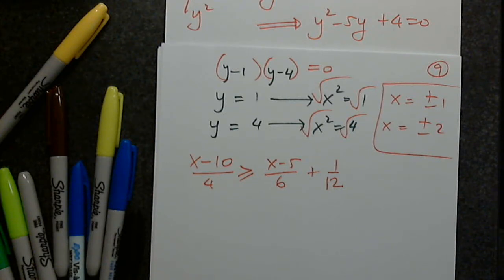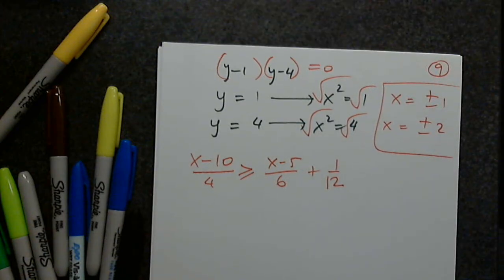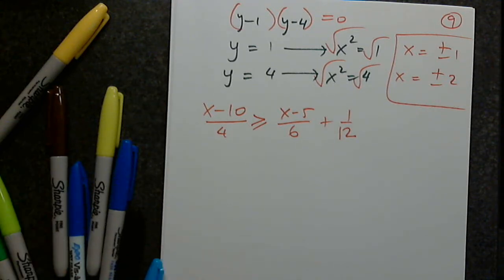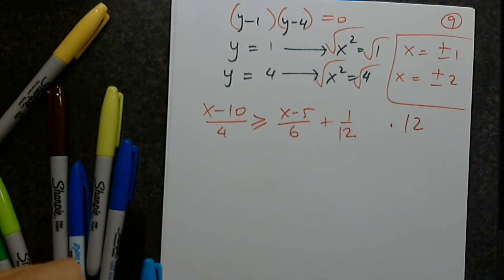What type of inequality is this? Obviously, it's an inequality, but what type? Very good, awesome. It is a linear inequality. What do you recommend we do? Yes, we multiply both sides by the least common denominator, which is? Very good. Let's do that.